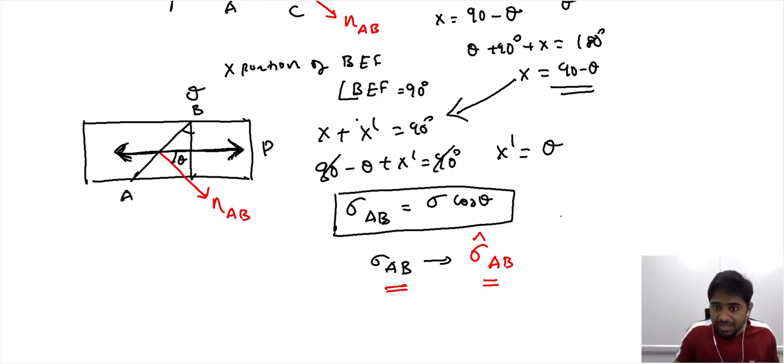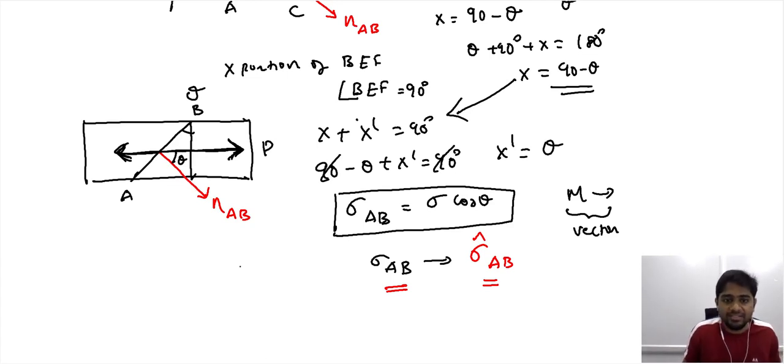So we have a magnitude and a direction, which means we are talking about vectors. To know the load acting along this direction, all we need to do is project the stress acting along P onto this, and this can be done by multiplying the stress along this direction with cos of the angle that separates these two directions.